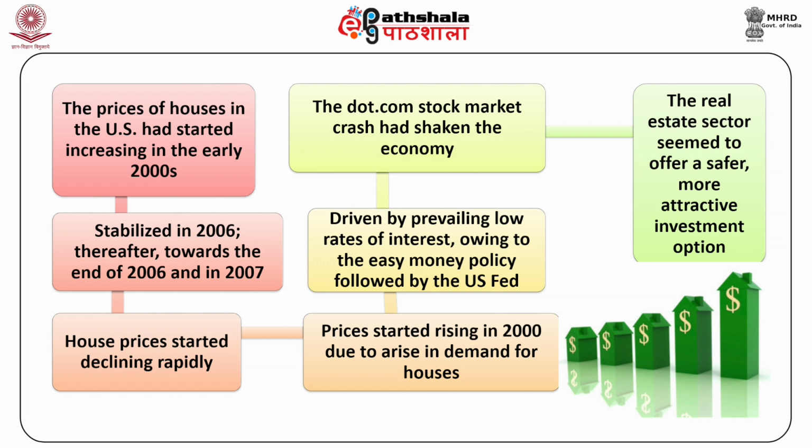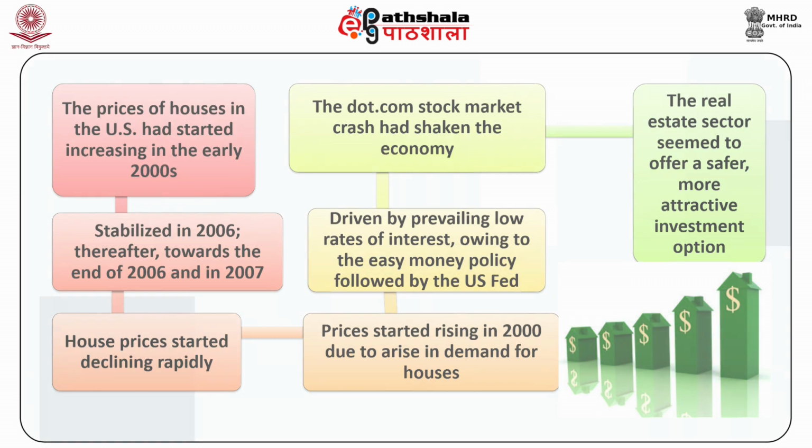The low rates made housing loans attractive as mortgage rates were low. Also in the early 2000s, the dot-com stock market crash had shaken the economy. In its aftermath, the real estate sector seemed to offer a safer, more attractive investment option as compared to the stock market. Thus, house prices rose as the demand for houses was high.